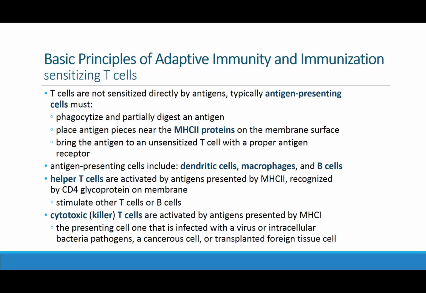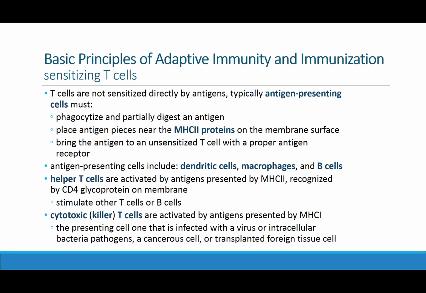This MHC2 complex of proteins is a location on the cell membrane, and when a presenting cell puts that antigen near the MHC2 proteins, then the T cell can recognize it as something that is going to be treated by the body as an antigen.